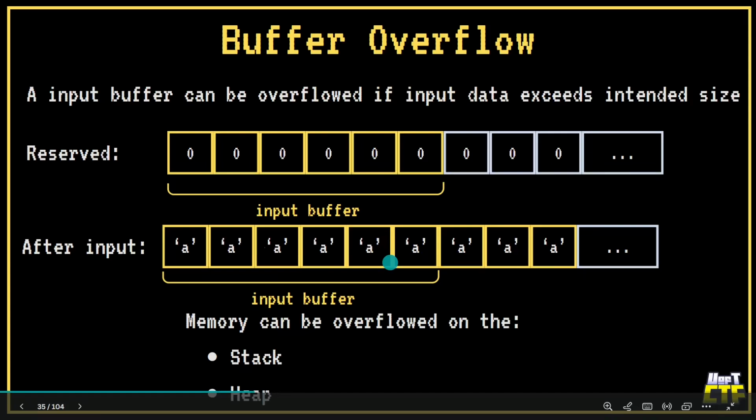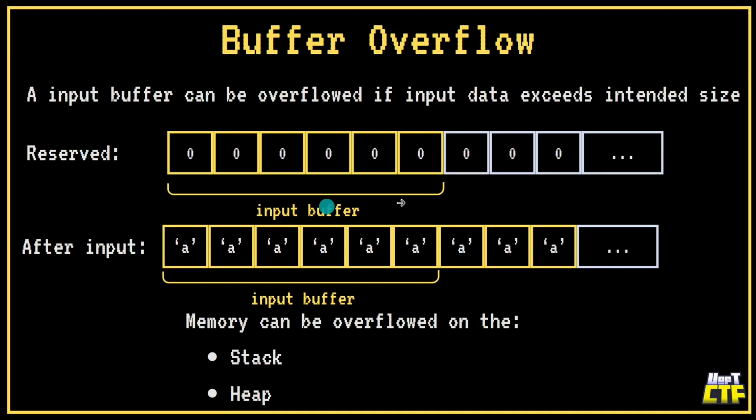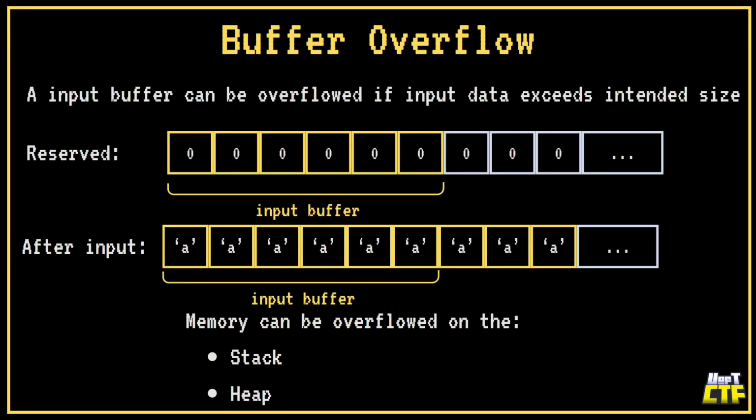So the trademark of binary exploitation is the buffer overflow. So the buffer overflow is the classic example. There is input buffering in this program. So you have a buffer of some arbitrary size, and then some input is going to bypass the size of the input buffer.